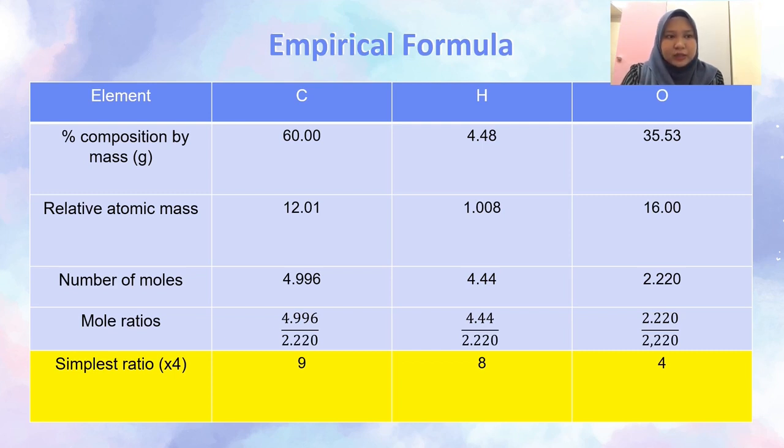Mole ratio: carbon 4.996 divided by 2.220, hydrogen 4.44 divided by 2.220, and oxygen 2.220 divided by 2.220. Simplest ratio, multiply by 4: carbon 9, hydrogen 8 and oxygen 4.